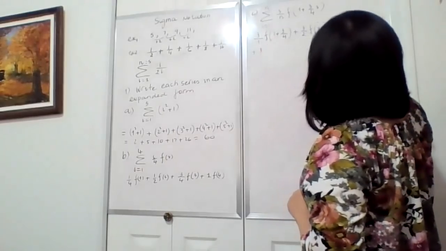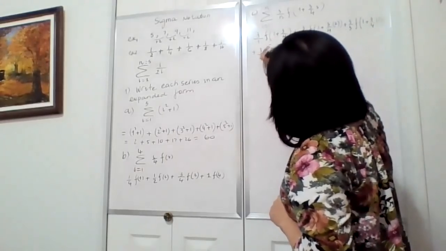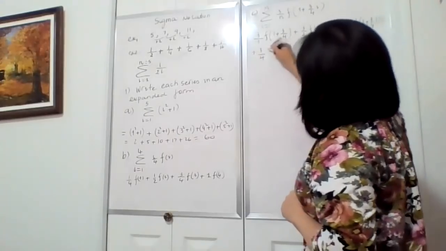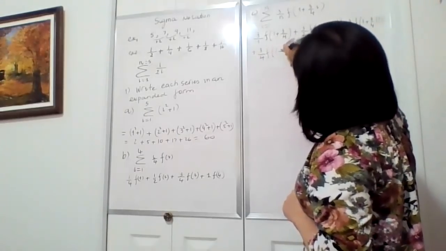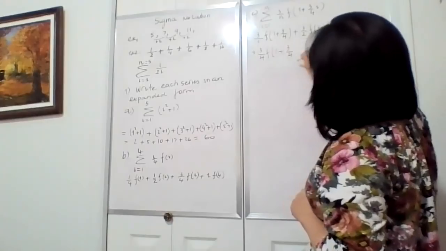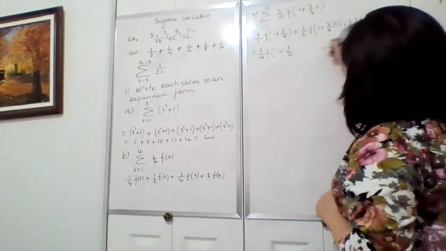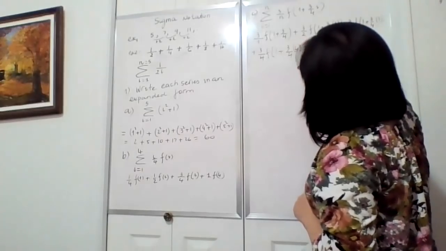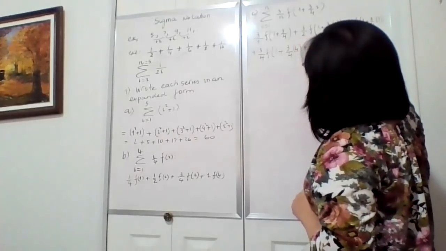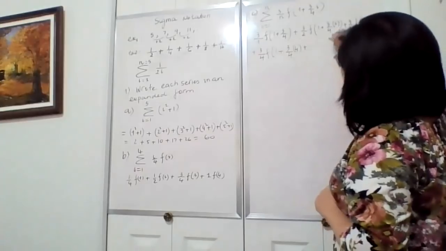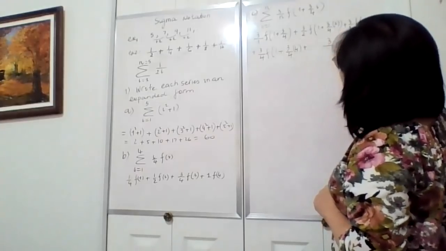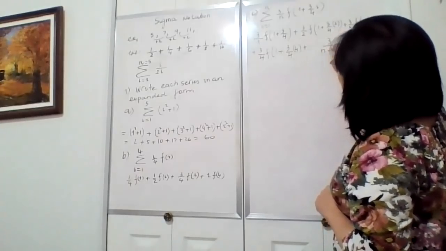So 3 over n, f of 1 plus 3 over n times i, where i here is 4, right? And then adding with and so on. So now we're going to say the previous term will be 3 over n, f of 1 plus 3 over n.